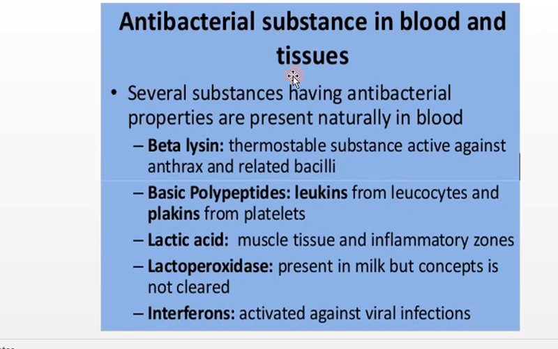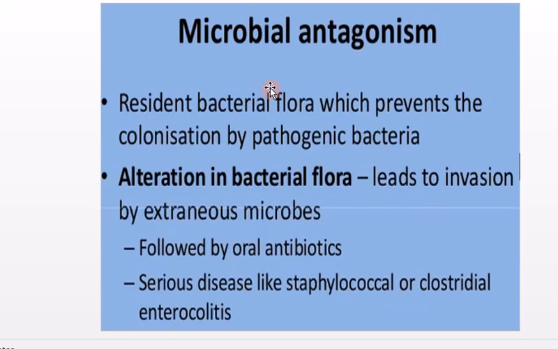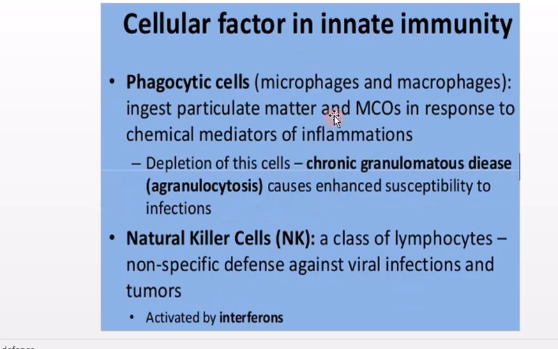The antibacterial substances like the beta lysins are again some of the chemicals present within our body that help to destroy bacteria, viruses or pathogens. Now microbial antagonism is the flora that grows within our body and helps to prevent harmful germs from growing in our body.